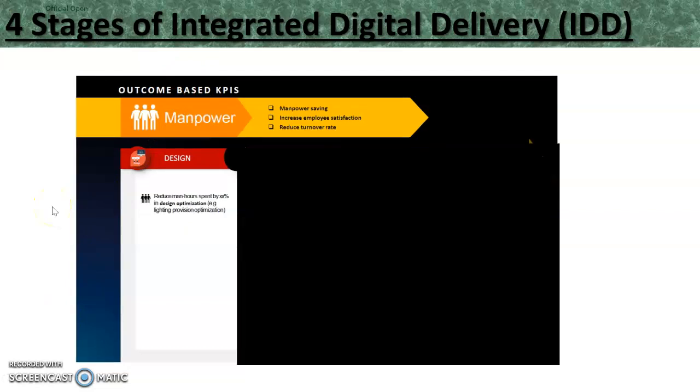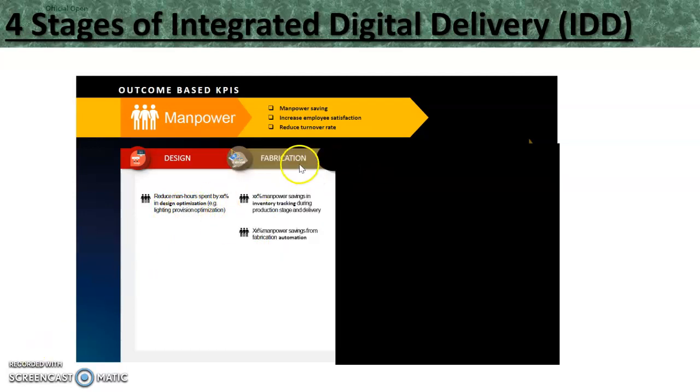So if the KPI is not really time savings, but is manpower savings, you want to have manpower savings or increase employee satisfaction or to reduce the turnover rate, then the design team's strategy could be they want to reduce the man-hour spent by a certain percentage through design optimization. The fabrication team can then say that they want to have a certain percentage of manpower saving through inventory tracking during the production stage and delivery.